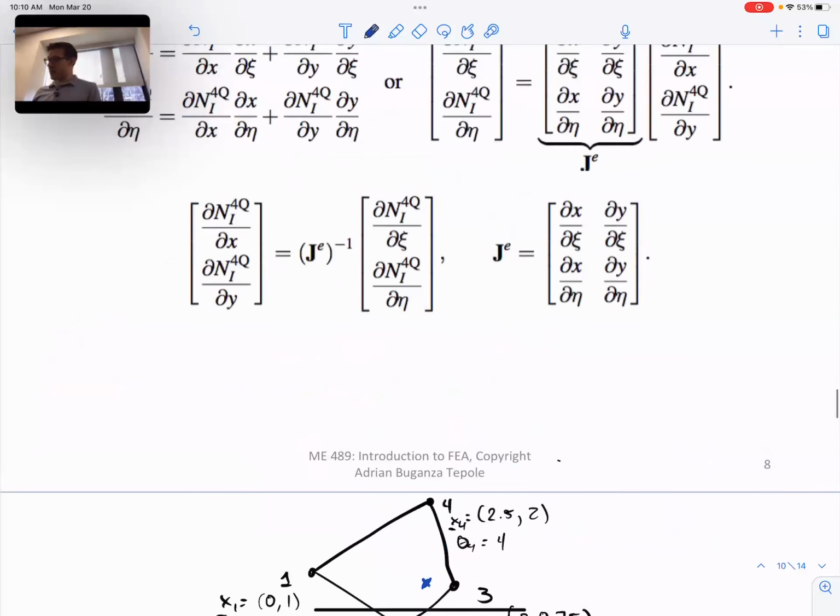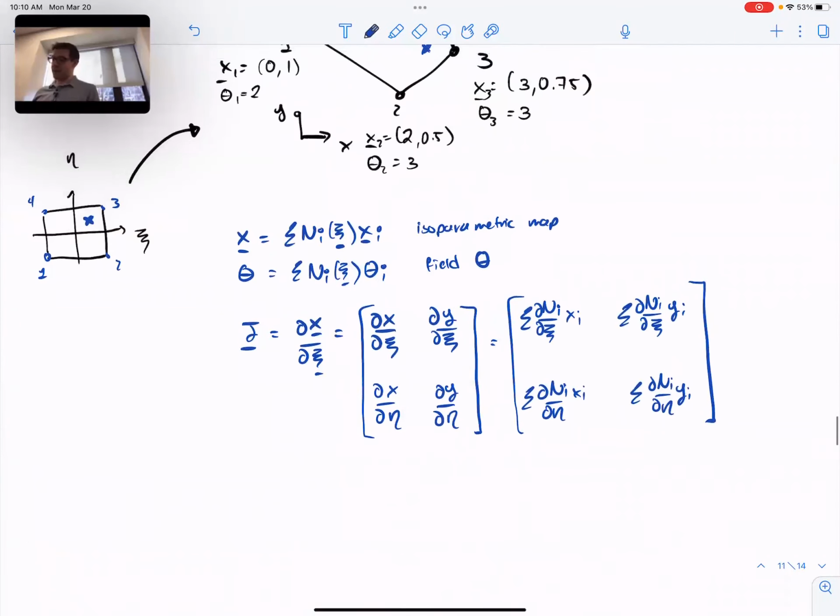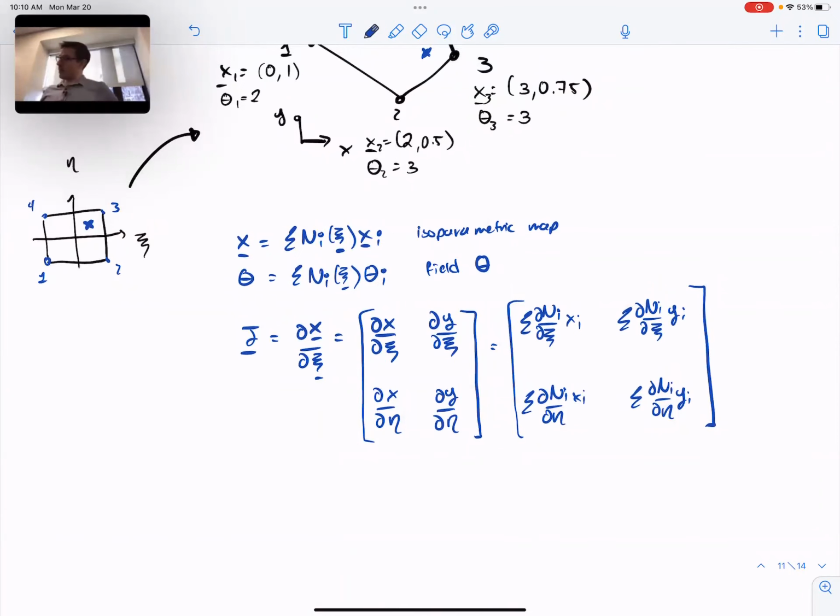And yeah, you just have to check your notes to see the arrangement. And so that's the Jacobian, and then the gradient of the theta with respect to psi. This one is just the sum of the derivatives with respect to psi of theta and the derivatives with respect to eta.